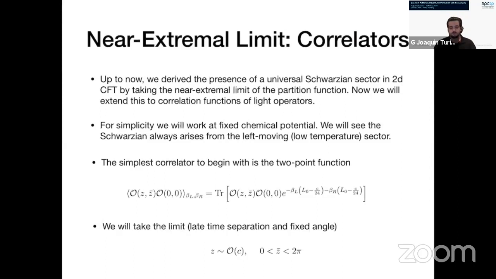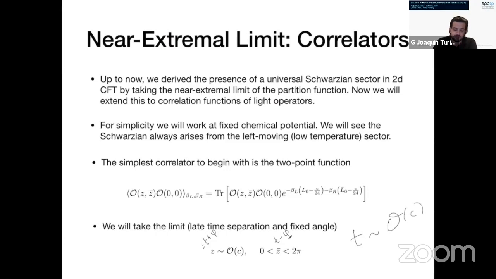So it's useful to look at it in terms of the left and right moving cross ratio, so here C is like T minus phi, and this is T plus phi. We will take T to be of order C and phi to be of order 1.